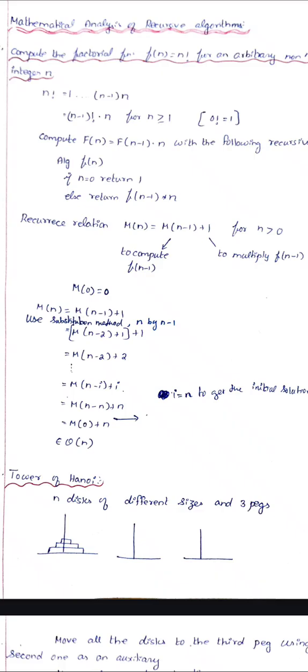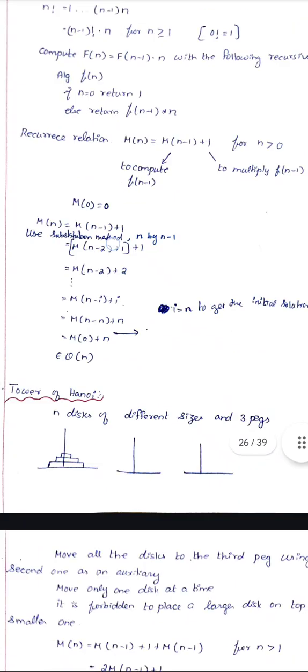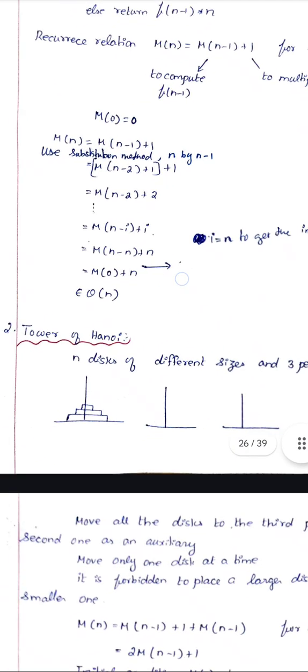So substituting m of n by n minus 1 in everything, m of n minus 2 plus 1 plus 1, it will become 2. Then we have m of n minus i plus i, which will go till m of n minus n plus n, m of 0 plus n, that will be theta of n.